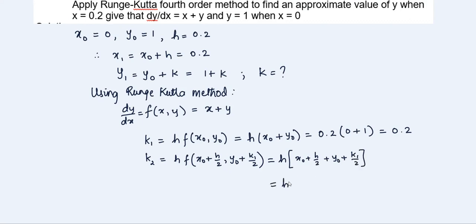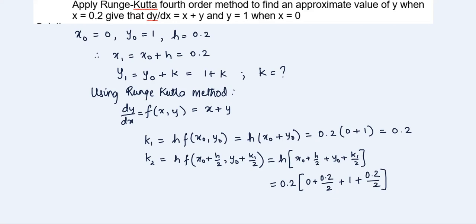When we substitute, h is 0.2 times x naught is 0, plus 0.2 upon 2, plus y naught is 1 plus k1 by 2.